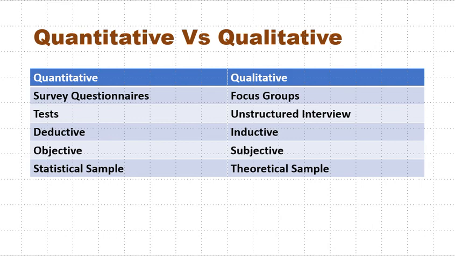Quantitative data comes from a deductive approach while qualitative data comes from an inductive approach. Quantitative data is objective, qualitative data is subjective. In quantitative data, we have to obtain a statistical sample, or in other words a probability sample. In qualitative data we have a theoretical sample, we can go with convenience sampling.